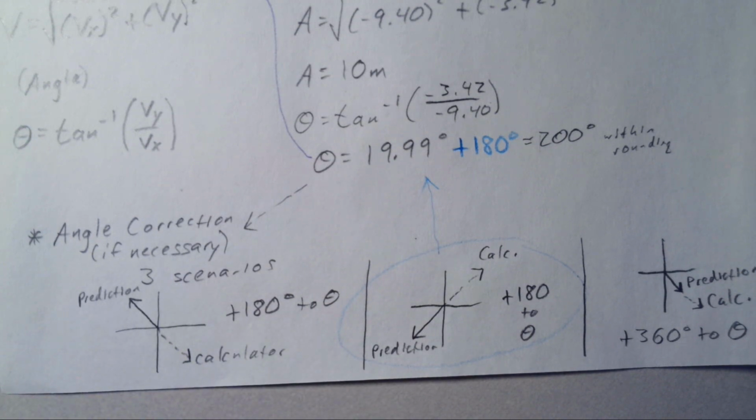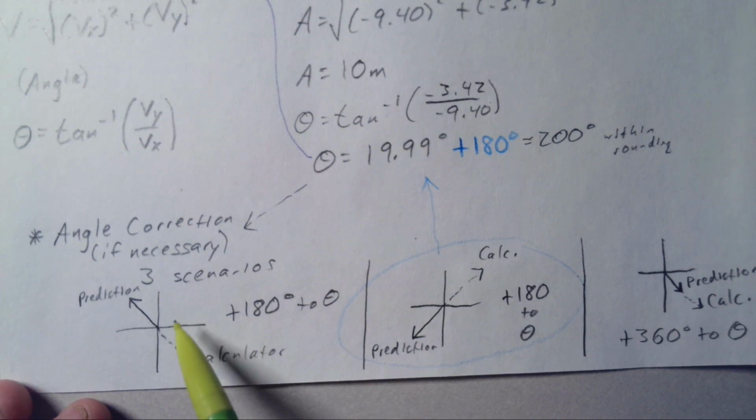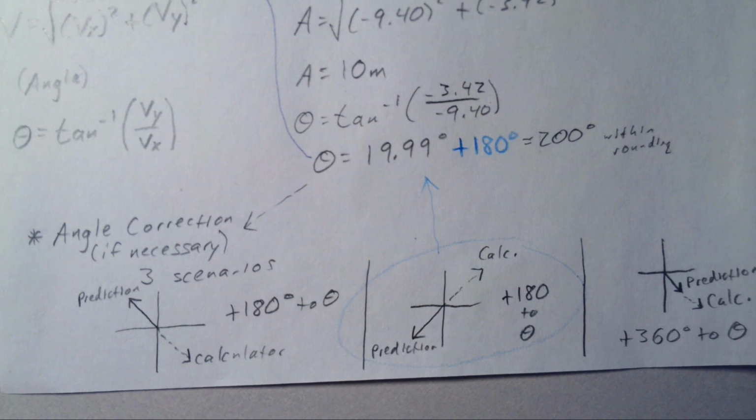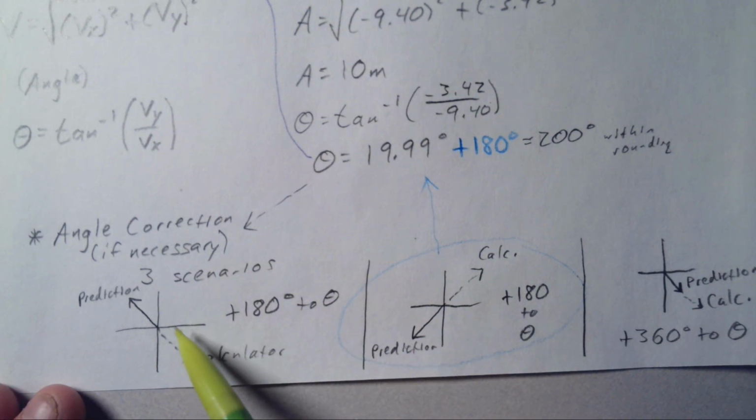For example, we don't like to use negative degrees, so let's say this was negative 60, and then it says to add 180 degrees. Negative 60 plus 180 would give you 120, because that's what we actually want. We don't want negative 60, we want 120.